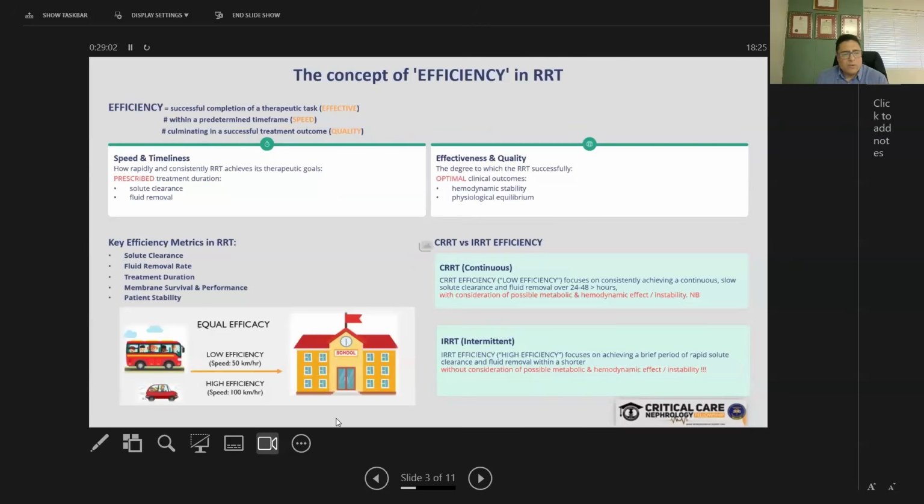I like to use an analogy to show this equality of efficacy. If you have a bus full of school kids needing to get to school compared to a parent taking a child to school, obviously the one will get there quicker, but the safety of the bus getting to the school and the speed with which the individual learner gets to the school has to be weighed up against the speed of the trip.